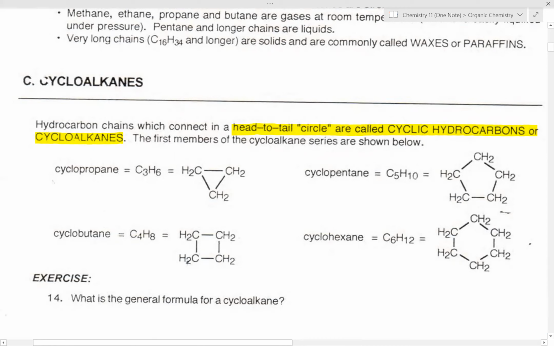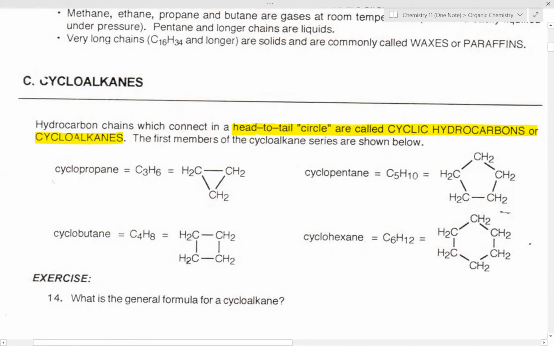Cyclo because it's a circle, but because there's 4, and ane means that they are all single bonds. Okay? Now, we have cyclopentane on the upper right. Cyclo because it's a circle. Pent is 5. Ane means single bond.